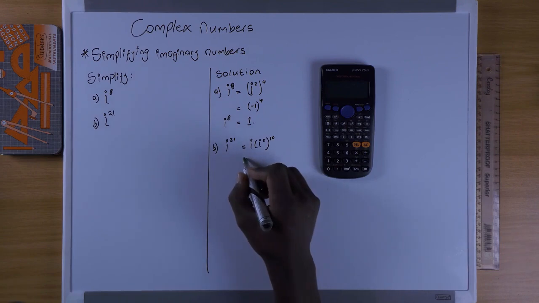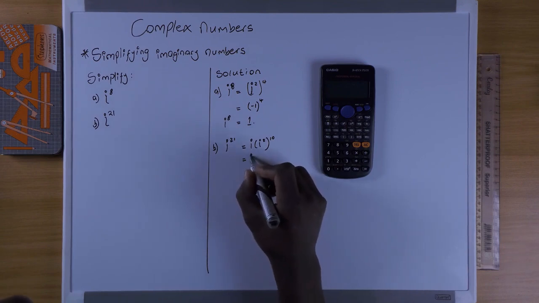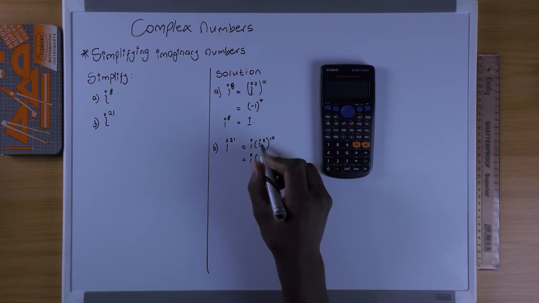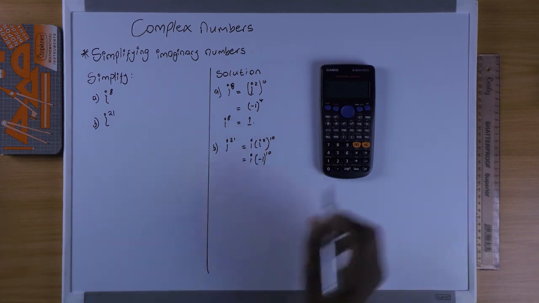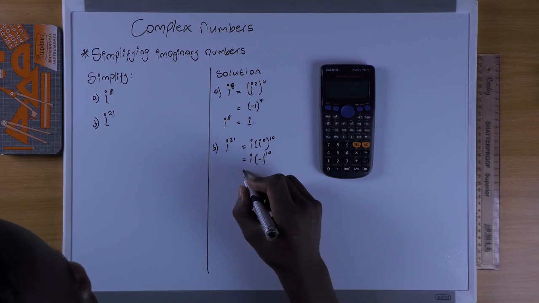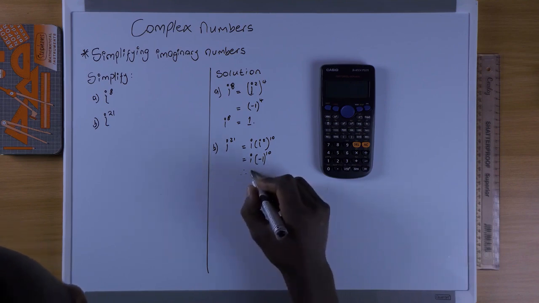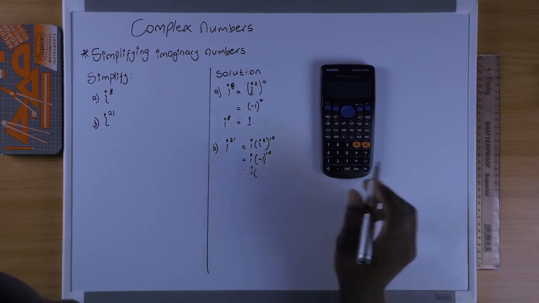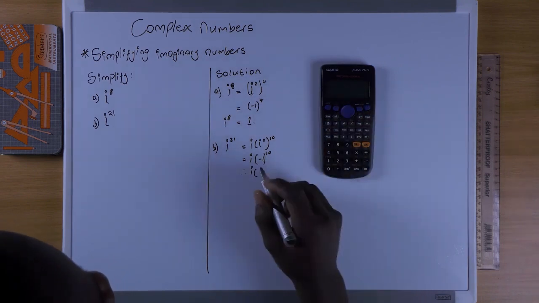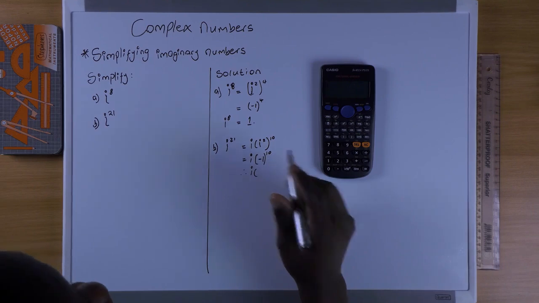Good. Moving on, we therefore have i times (i to the power of 2) is equal to -1, close bracket, to the power of 10. Therefore, the final answer would be i times (-1) to the power of 10, which is equal to +1.